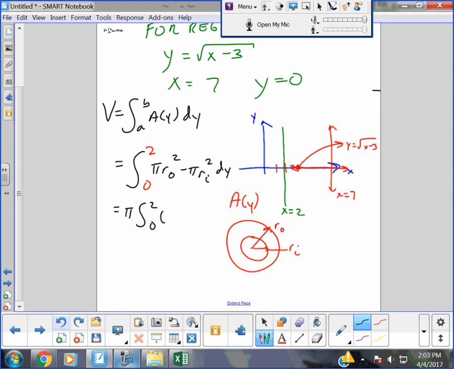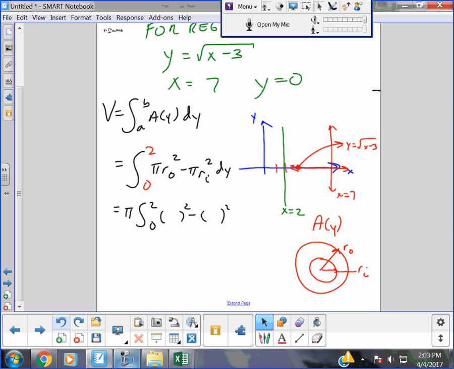And again, the question simply becomes, what is RO and RI? And we can't leave those in there, right? Because they're not in terms of y. So my big problem here is when I look at this graph, my RO is actually pretty easy.